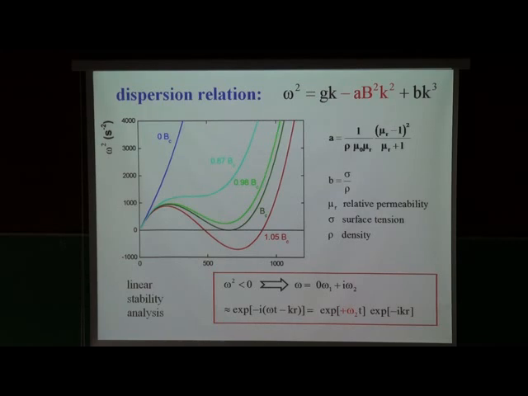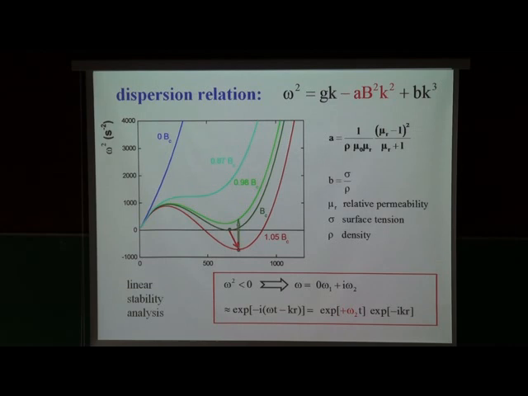Now, yesterday I showed you the dispersion relation of a free layer of ferrofluid, and I showed you that this free layer is getting unstable, then you are getting the Rosenzweig instability, you are creating a kind of wave number or wavelength, and then you can switch back.